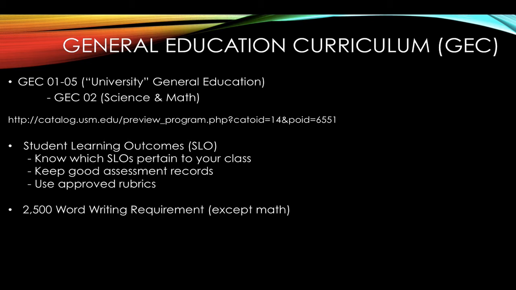So I would highly recommend that you go talk to your department chair about which student learning outcomes need to be addressed in your particular class, so that you can make sure that you're collecting the right data in your student records, so that at the end of the semester they can quickly gather that data and put it in their end of year report.